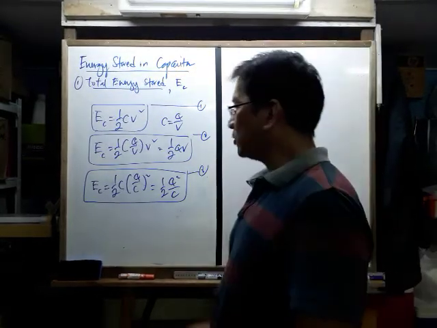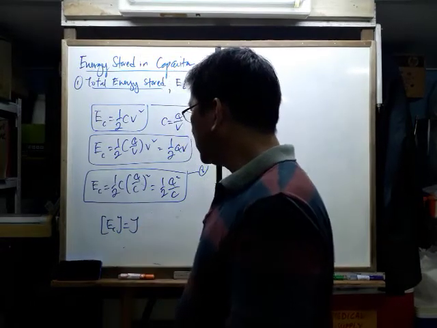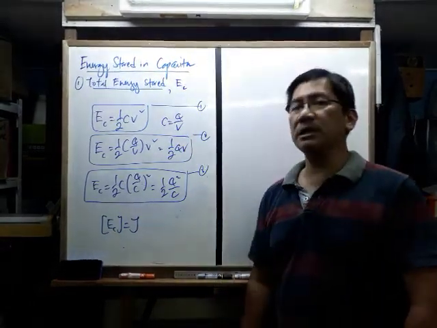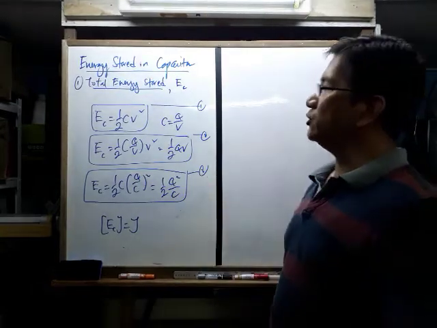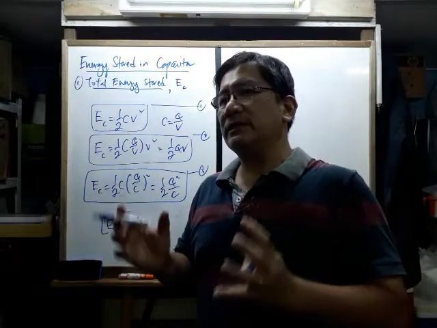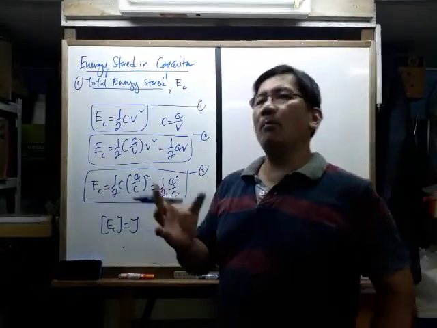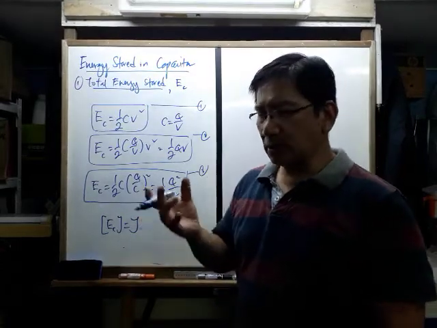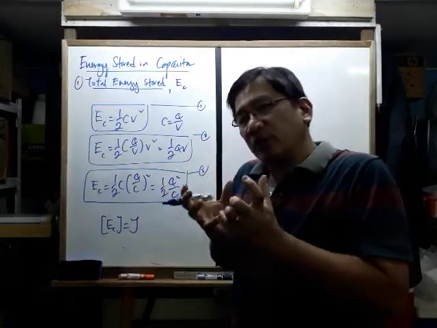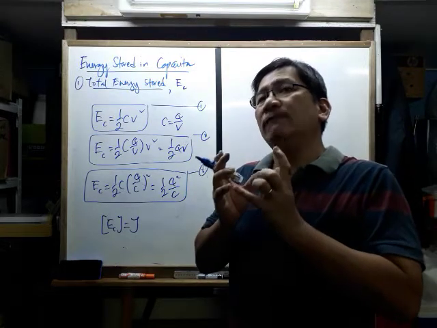Now the energy stored, like the other types of energy, the unit is joule. So this one just tells us how much total energy can be stored inside the capacitor. But sometimes it's more useful to talk about how much energy can be stored by the capacitor per unit volume.